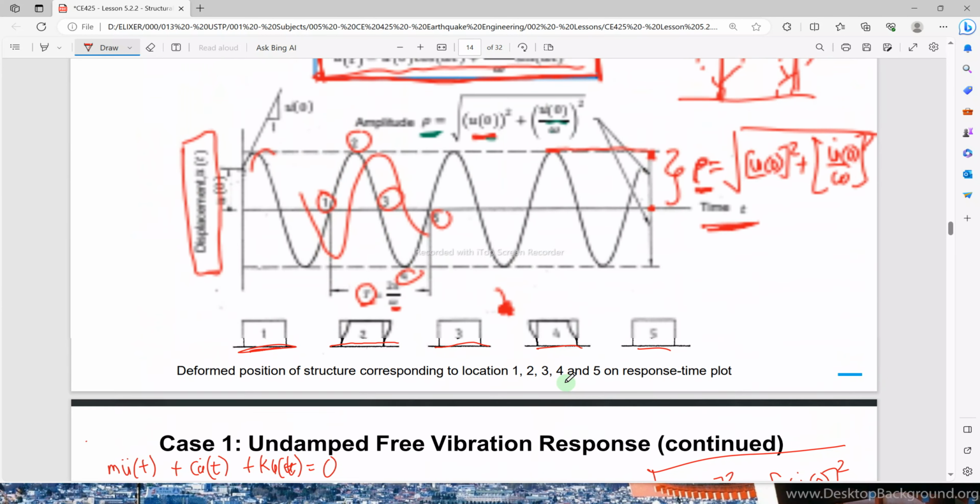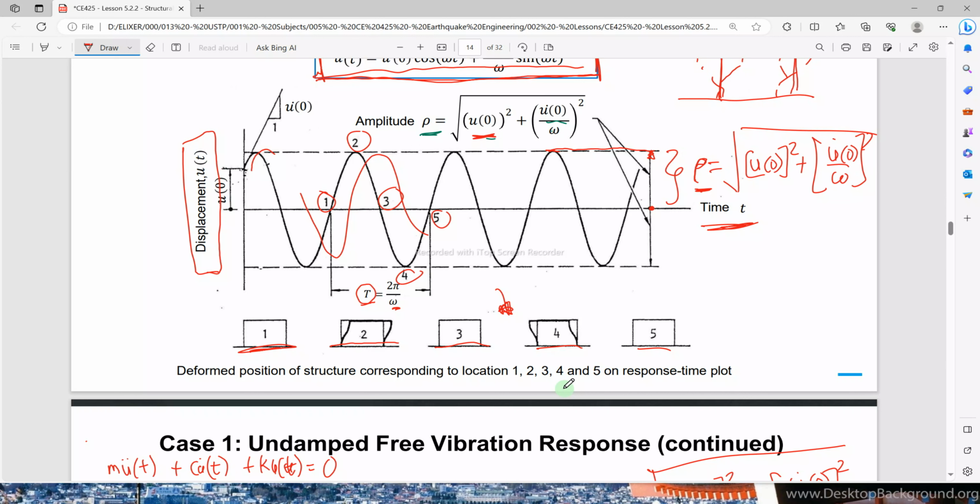Because we know that when we graph the displacement versus time of this structure, we will arrive at these harmonic oscillations shown. If you have any questions, you can just PM me. So this is the derivation of the equation of motion for an undamped free vibration response of a single degree of freedom structure, or our one-story building.